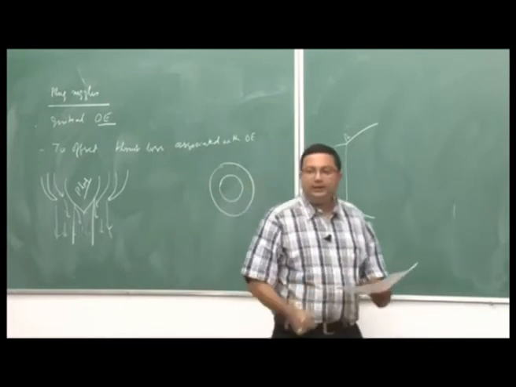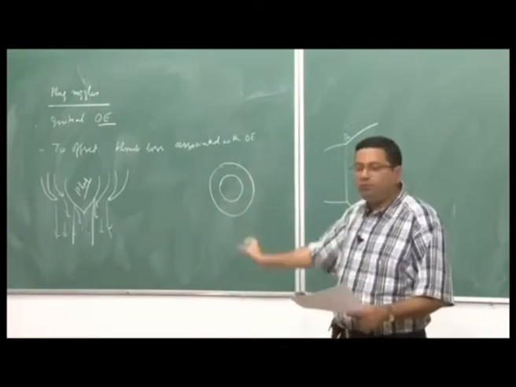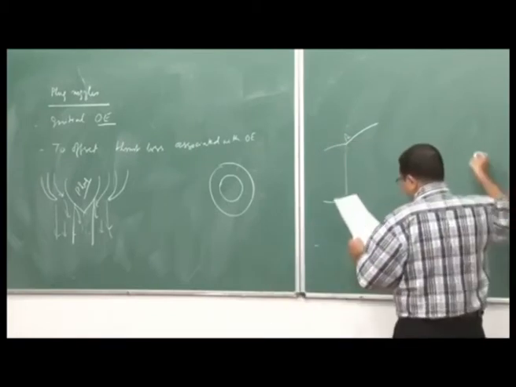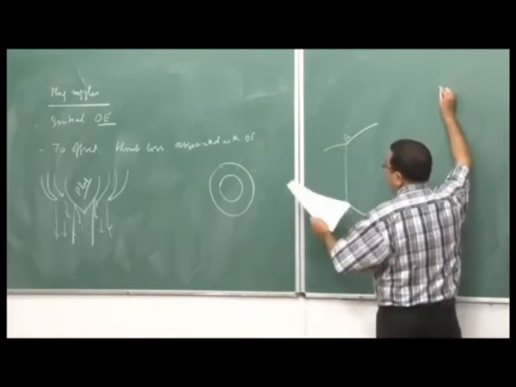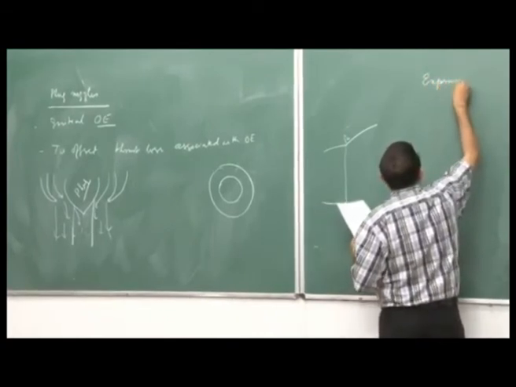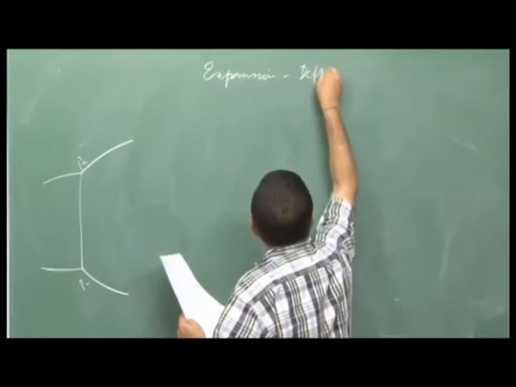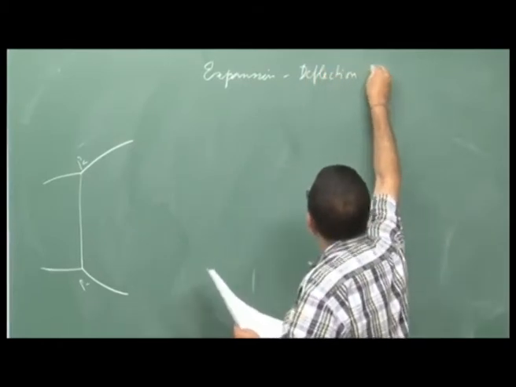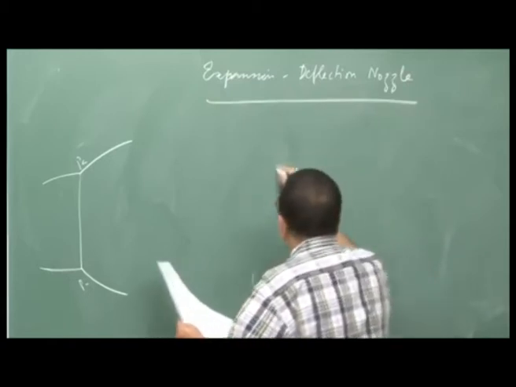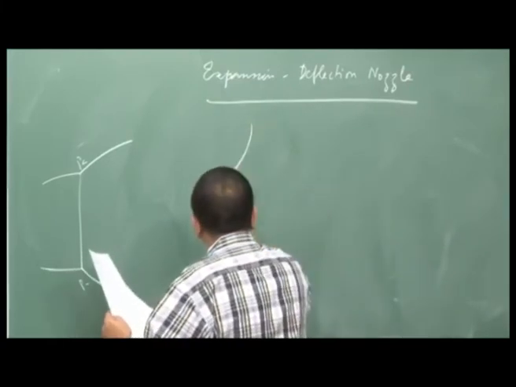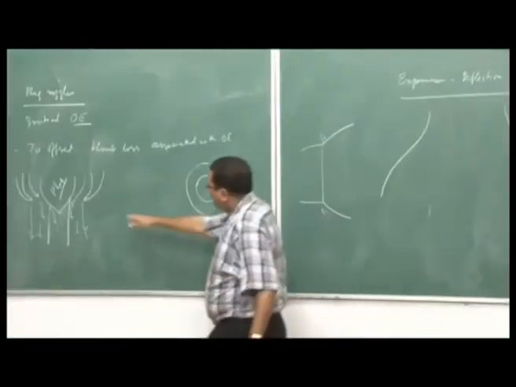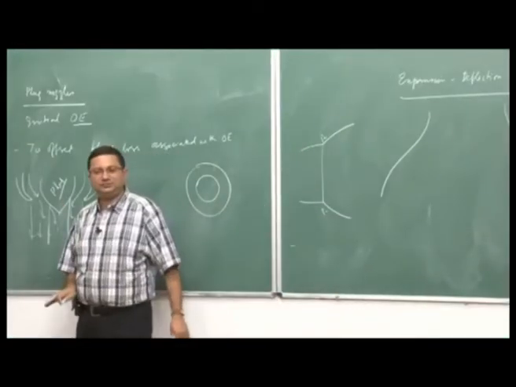Another possibility is, instead of putting a contoured plug, we can have something like a bluff body. So, that is called expansion deflection nozzle. This is also essentially a plug, but your plug was protruding outside the nozzle.